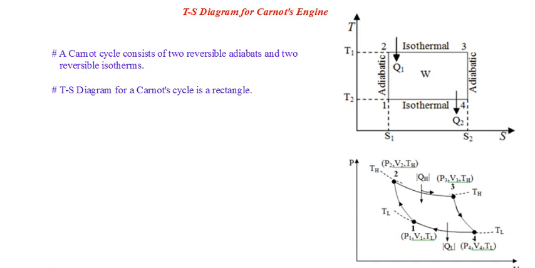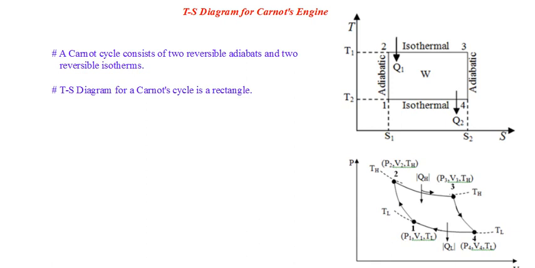Okay, so the PV diagram for a reversible Carnot's engine or Carnot cycle is represented at the bottom, which we have already used in the derivation of its efficiency. Now the Carnot cycle comprises two reversible adiabatic processes and two reversible isothermal processes.